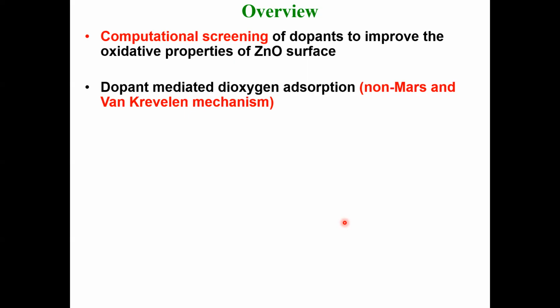We proposed an important mechanism, not a textbook mechanism, a non-Mars-van Krevelen mechanism, where it's not the oxygen vacancies that are important for oxidation activity. It is the adsorbed oxygen which contributes to your catalytic activity.